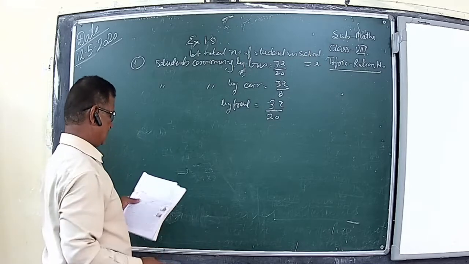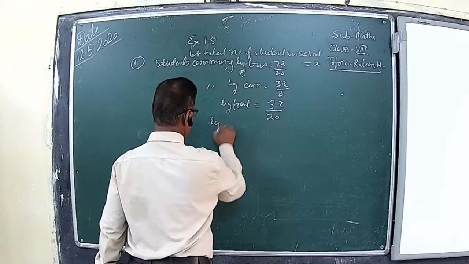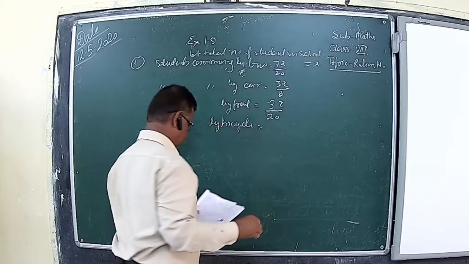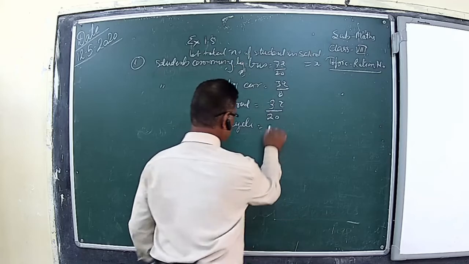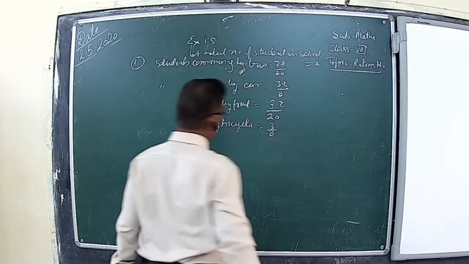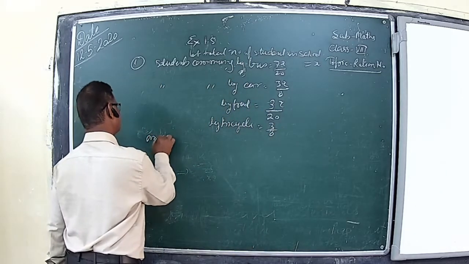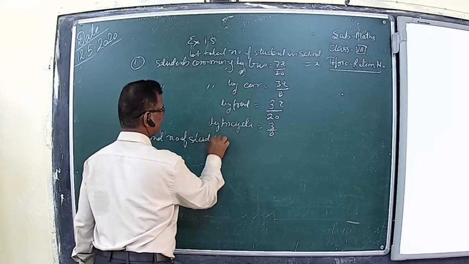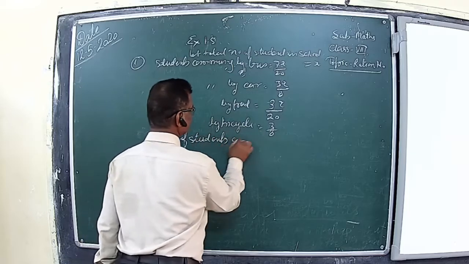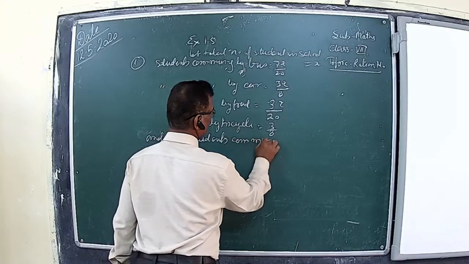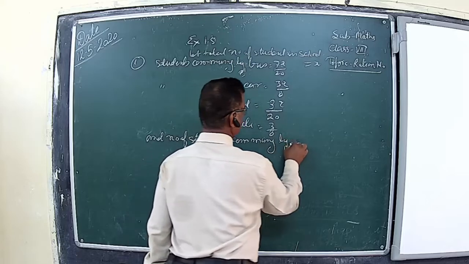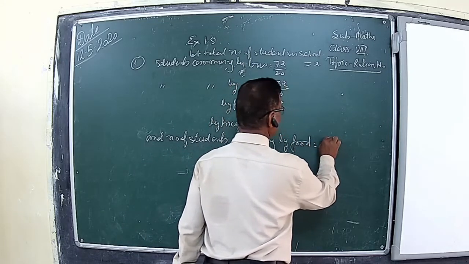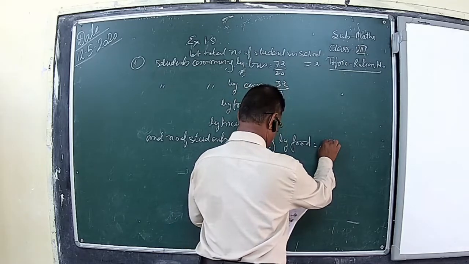And the students coming by bicycle is 3 upon 8 of x, and the number of students coming by foot is given as 150.